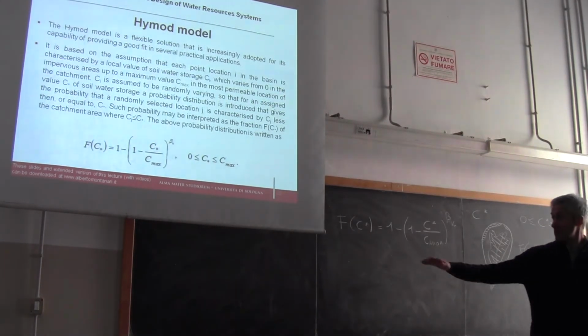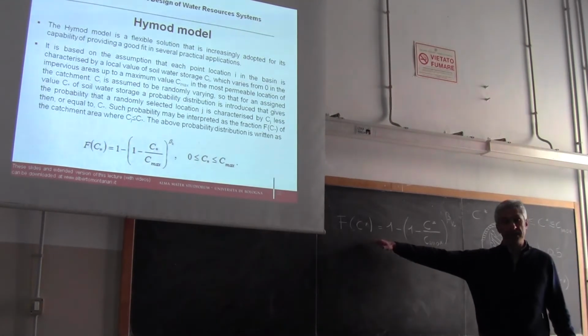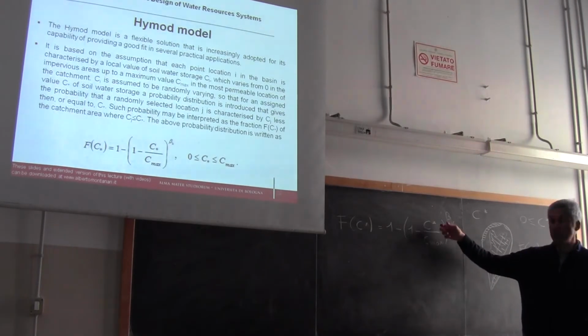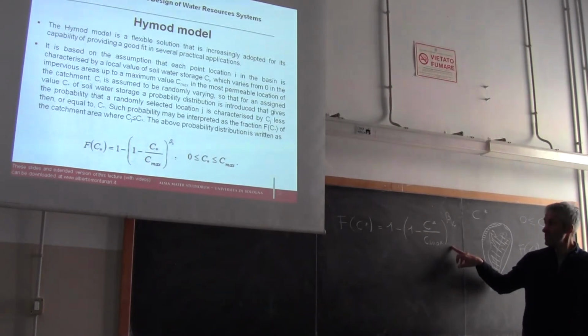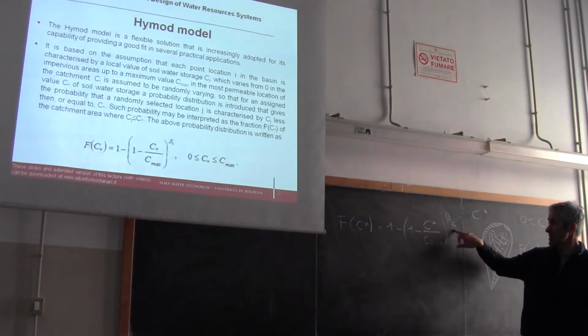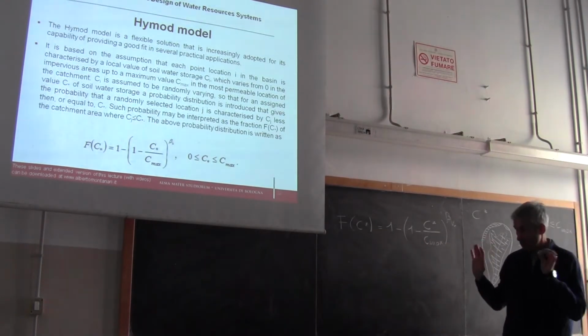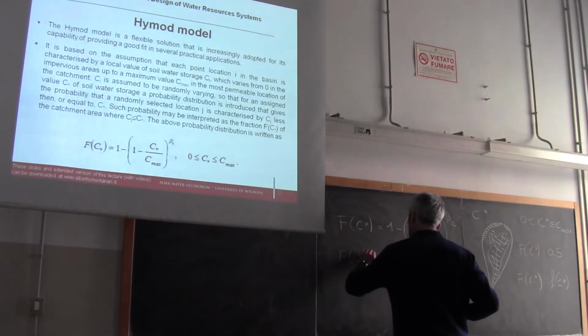Is it true that f is varying from 0 to 1? Let's see. Let's suppose that C star is equal to 0. If it is equal to 0, the value between parentheses becomes 1. Whatever is beta k, it remains 1. And therefore 1 minus 1 is 0. What does it mean that F0 is equal to 0?